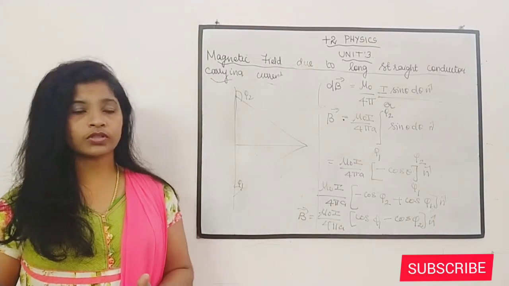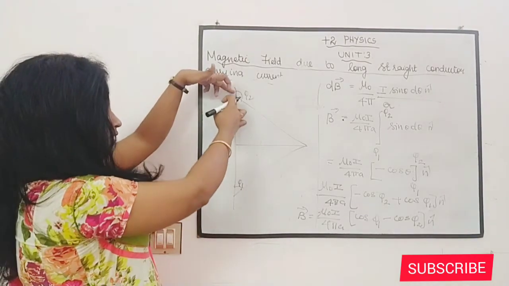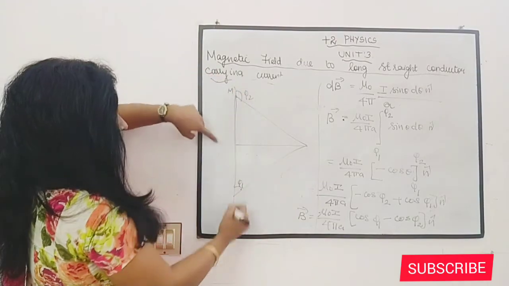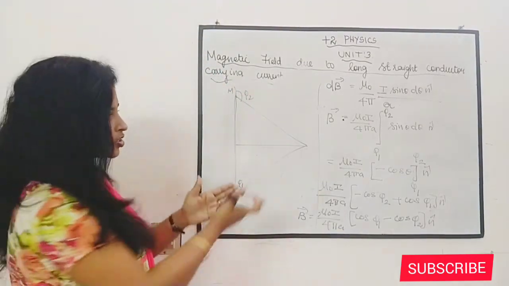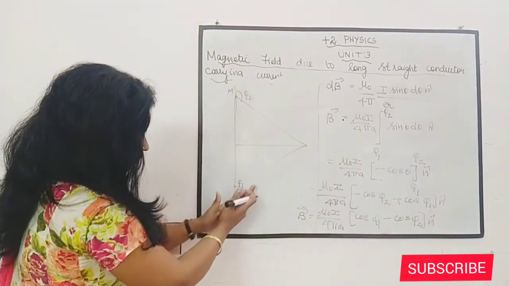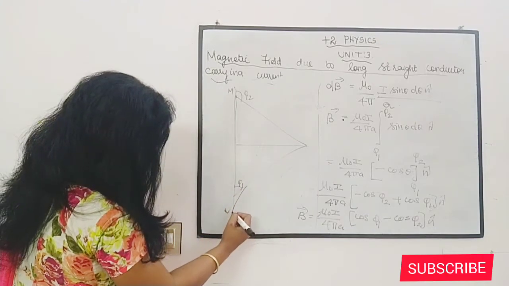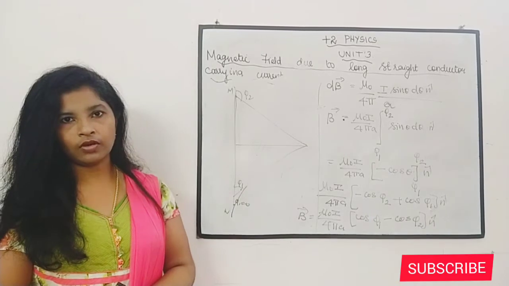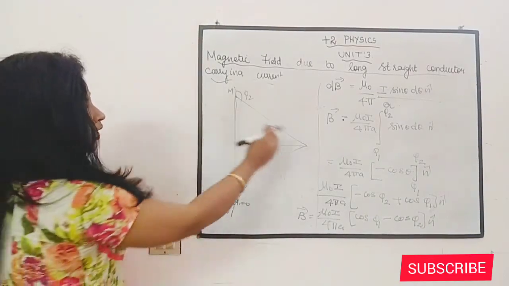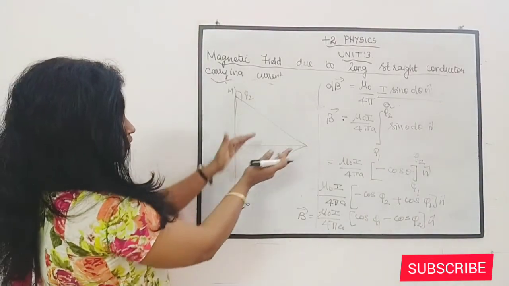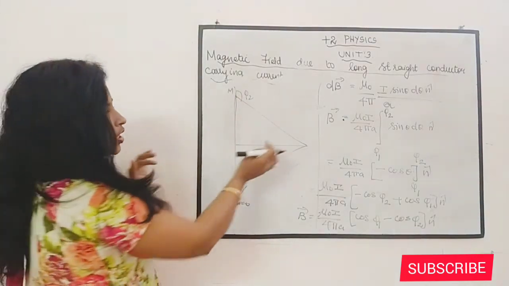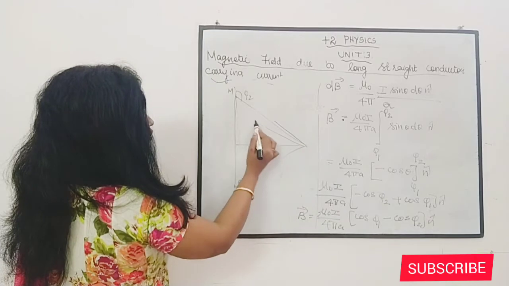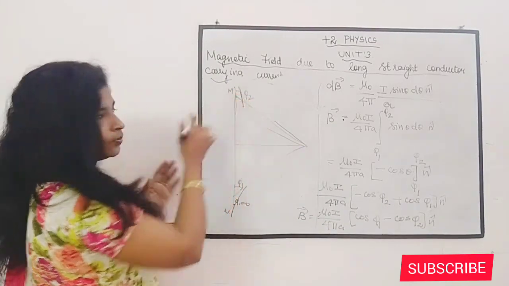Now, suppose the length of this conductor MN increases. What happens? This line will keep extending, and at a certain stage this phi 1 will become 0. Similarly, there is a small angle difference here, so this will also go parallel.